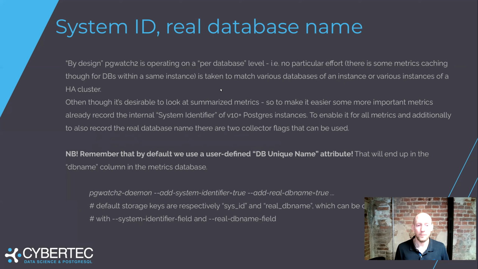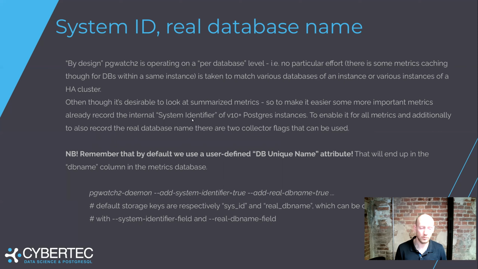But if you would want to summarize the data somehow, or group all your replica nodes and the primary nodes together, for that you can use the system identifier column. I think easy access to it via SQL is available from version 10.